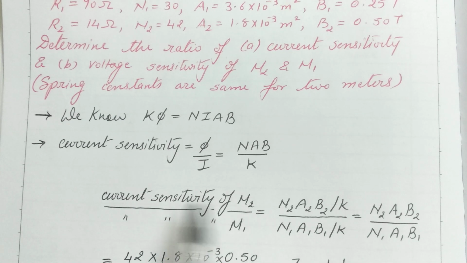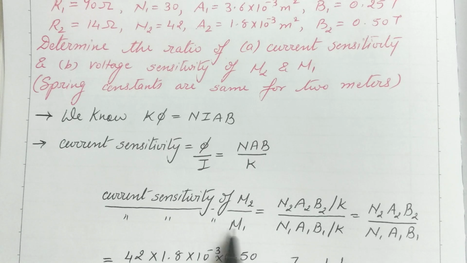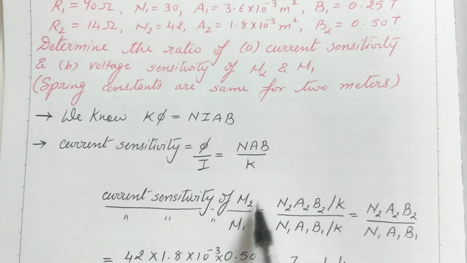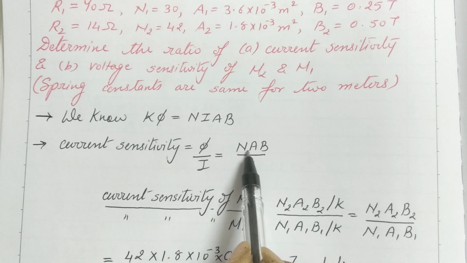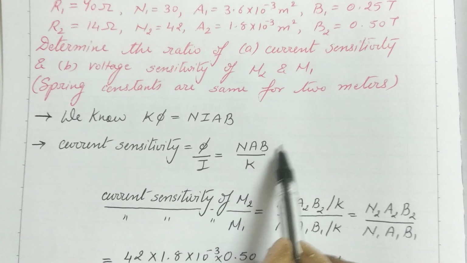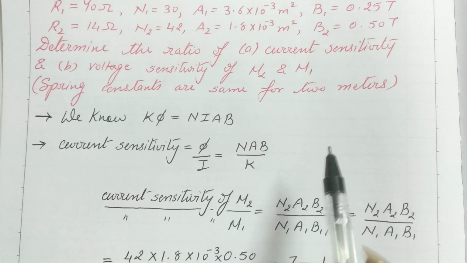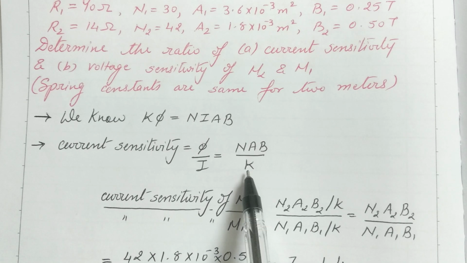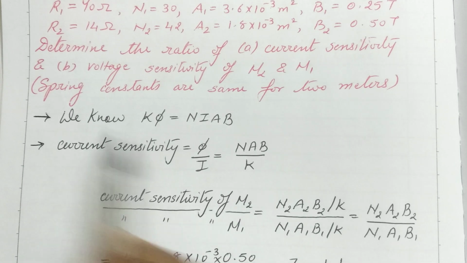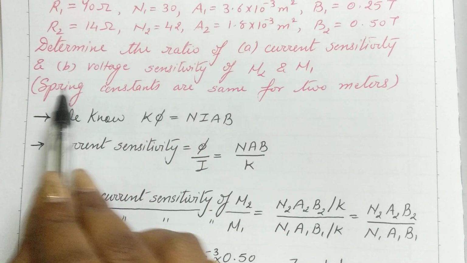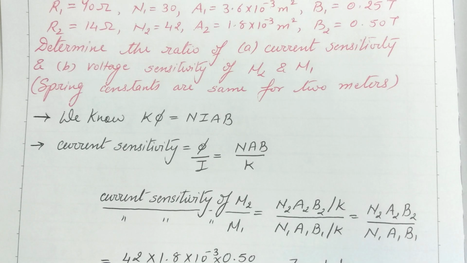So see here, current sensitivity of M2 divided by current sensitivity of M1. For M2, I'll write the number of turns of galvanometer 2, similarly the area for the second and the magnetic field for the second galvanometer. But K1 and K2 for both the galvanometers are the same, as it is given in the question that the spring constants are the same for both the meters.